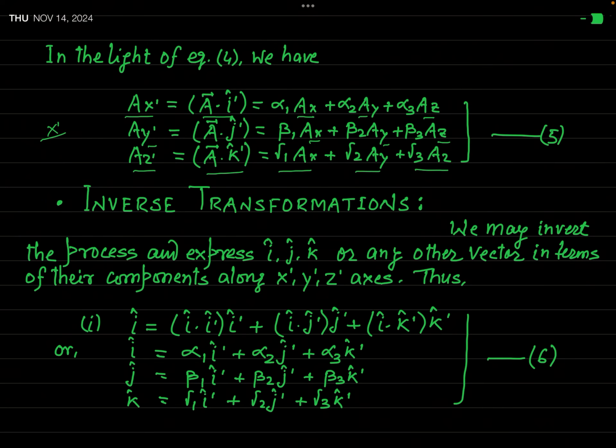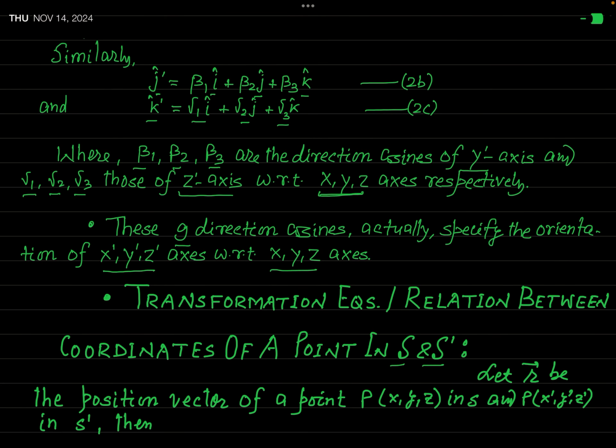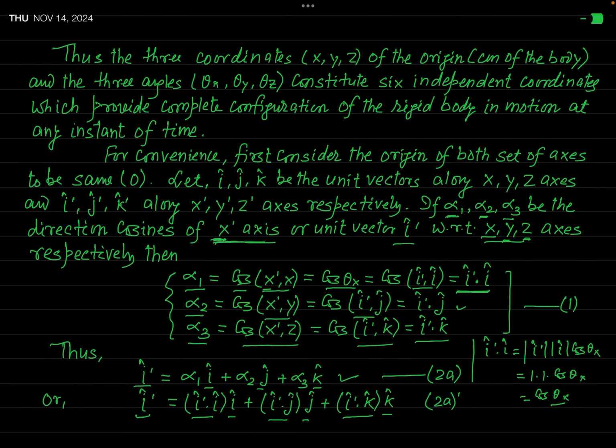So if now you want to express unit vector I in terms of I dash, J dash and K dash, then you have only to replace I by I prime and I prime by I. You can see I have expressed here that I prime is equal to this much.